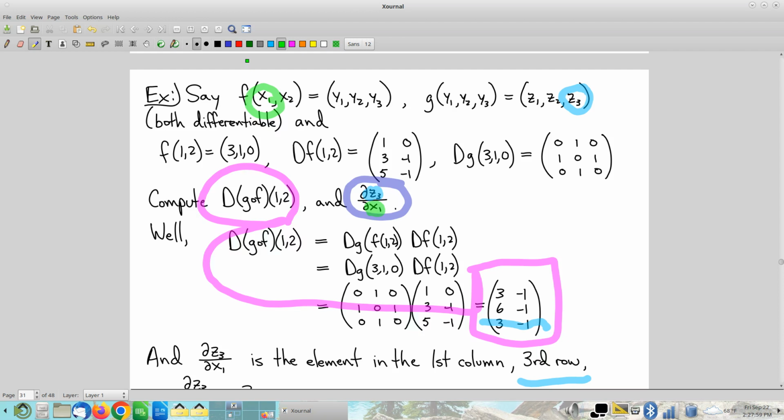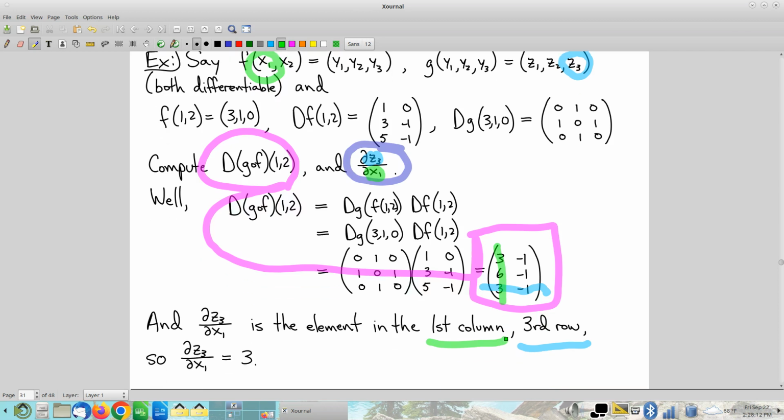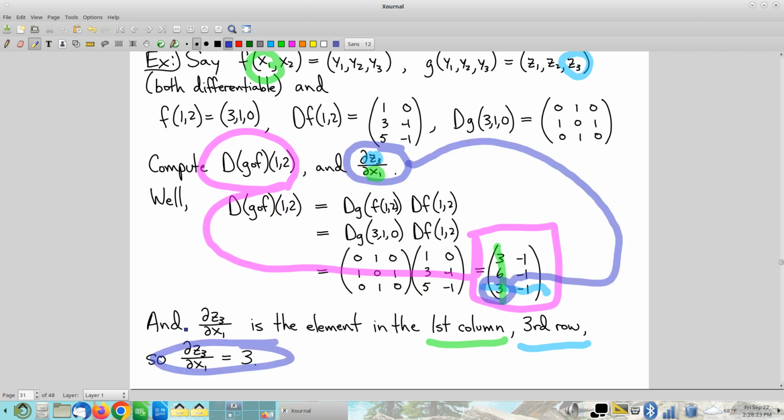Remember, input variables correspond to columns. That means that because we're looking at the first input variable, we need the number in the first column. And so all of this together, we are interested in the partial derivative in the first column, third row, and that is that number 3.